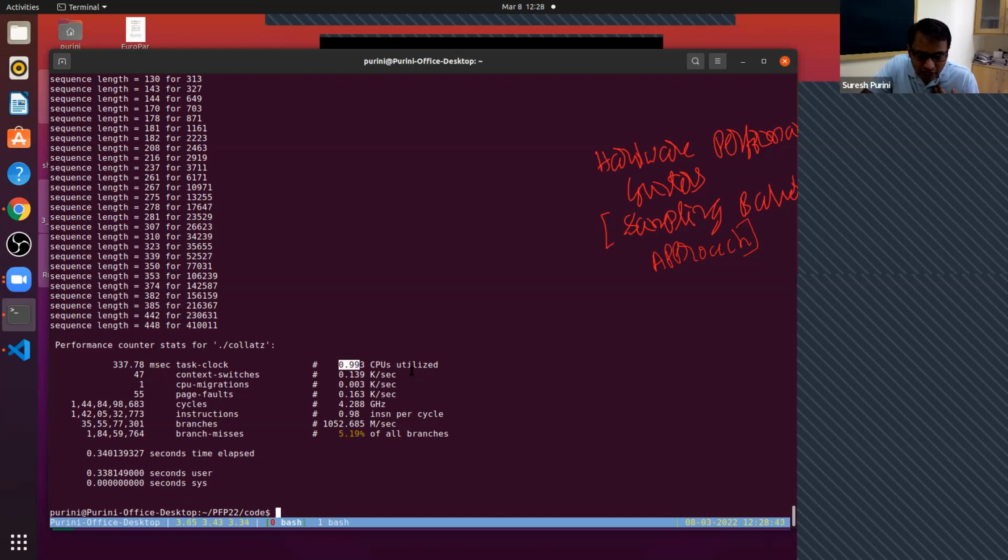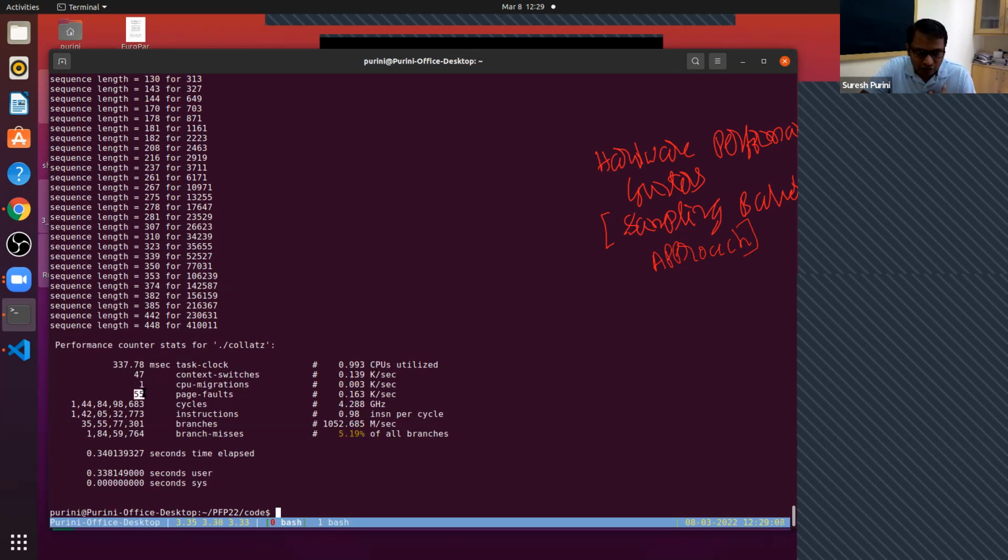But you can see that this program used less than 1 CPU. And here it says that as this program executed, there are 47 context switches, and there is one migration. My processor has 6 cores, so the program migrated from one core to another core only once.